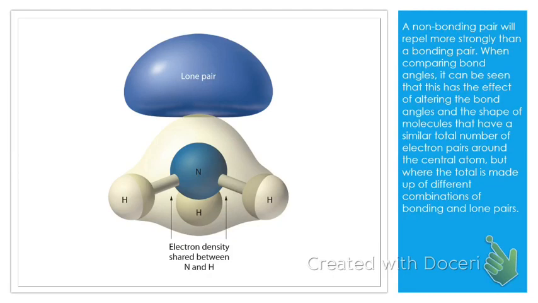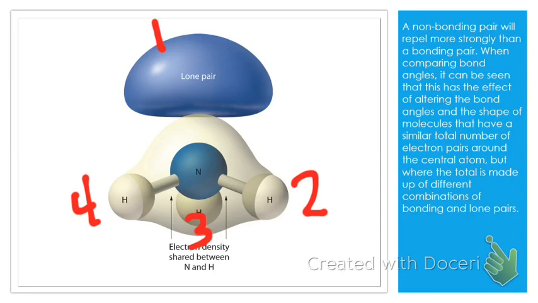If you look at tetrahedral, tetrahedral electronic geometry means it has 4 areas of electron density. So if I'm looking at this NH3 molecule, I have 1, 2, 3, 4 areas of electron density. Your lone pairs count as an area of electron density. So I would say that my electronic geometry here is tetrahedral because there's 4 areas of electron density.